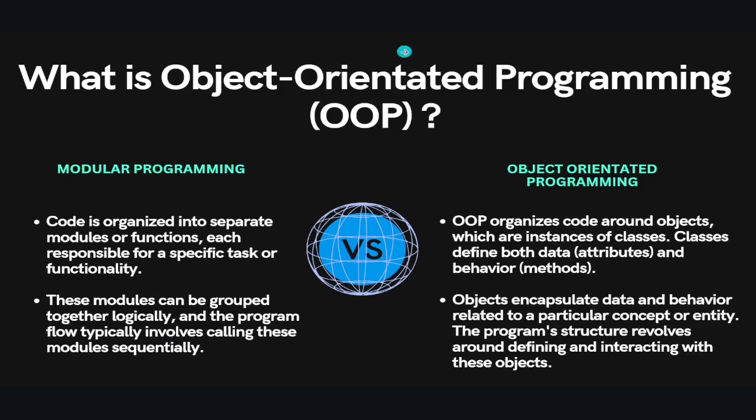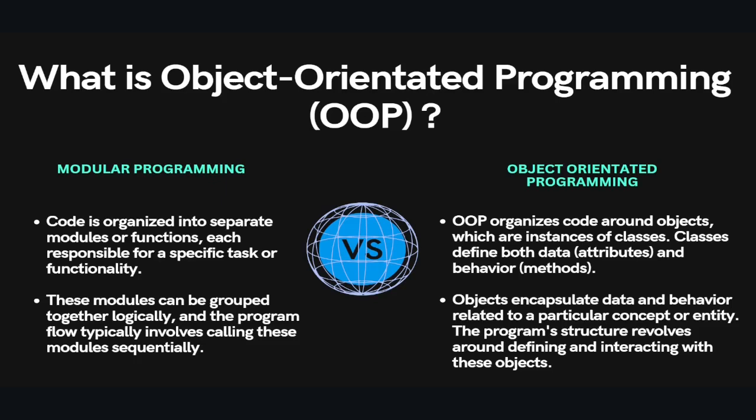So what is object-oriented programming, or in short form, OOP. We've got our modular programming. This is what you guys were doing in 104. That's basically where code is organized into separate modules or functions, each responsible for a specific task or functionality.